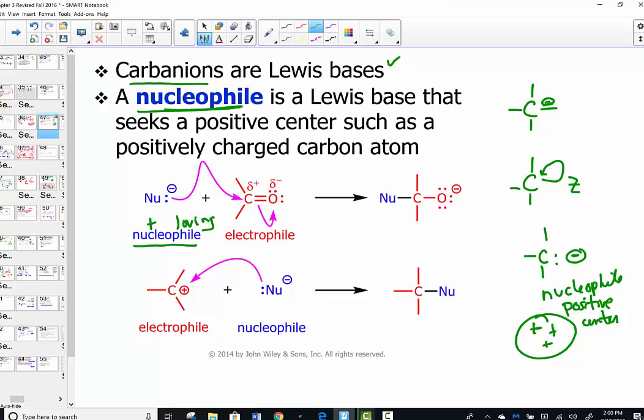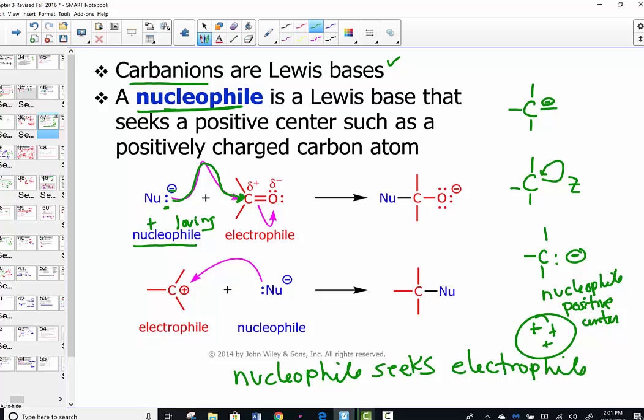Notice the abbreviation for nucleophile, NU. It will always show the electron set as a lone pair to remind you that it's carrying a negative charge. It's seeking the positive region from the electrophile. The nucleophile seeks the electrophile. Nucleophile has the negative charge.